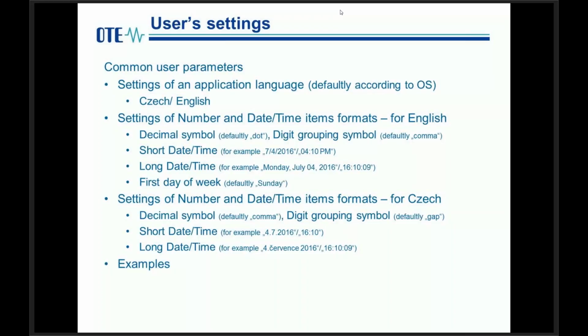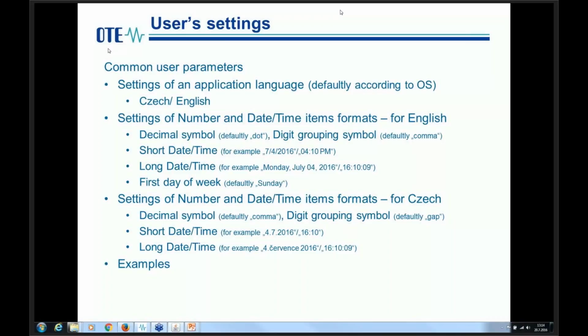Other parameters that can be changed on this tab are the numerical format and the date and time formats. In this presentation, I summed up the basic settings for the English and Czech version. Let us first take a look at the English language version, so that you know which formats are applied.